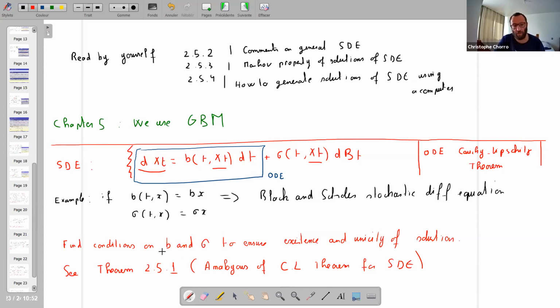So it closes, for the moment, chapter 2. I will record a video concerning chapter 3. Chapter 3 is a little bit particular because it is just the last two technical results we are missing in order to be able to do the financial part, namely the Girsanov theorem and the martingale representation theorem.